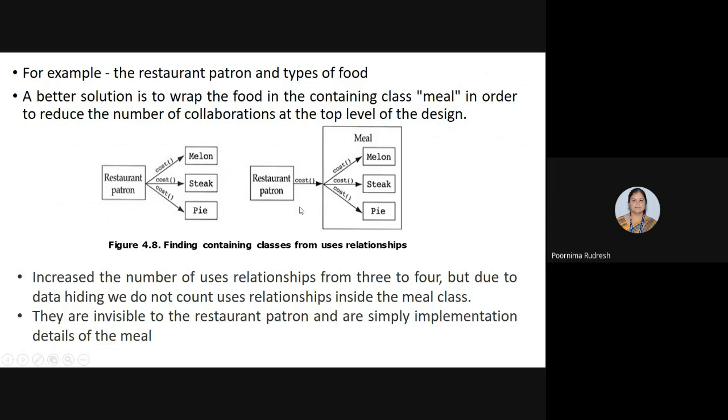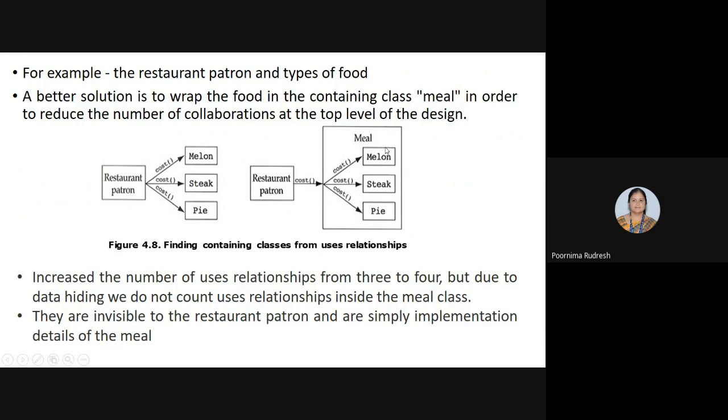See the restaurant pattern: there is a single collaboration from this to this. But some of you can argue that inside this meal class we have three more collaborations, so the uses relationships have increased to 4. But that is not the case. Why?